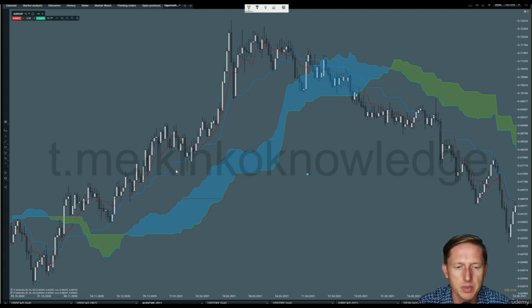Okay, so what happened after that? After that, we have this last impulse, we have a pullback, and then we are coming to Tenkan, sorry, to Kijun, bouncing off and creating a lower high. So this is again our P wave, as you can see. Okay, so we have this P wave here, and then we start the fall.